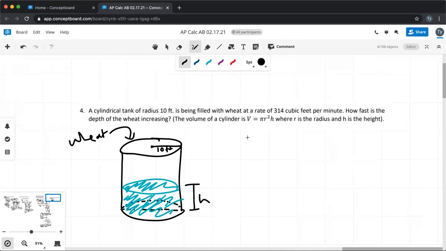And we know that the rate the wheat is being put into the cylindrical tank is 314 cubic feet per minute. Whenever we see cubic, we want to think volume. And this is a rate, right? Per minute indicates it's a rate. So this would be the rate of change of our volume, or dV/dt.